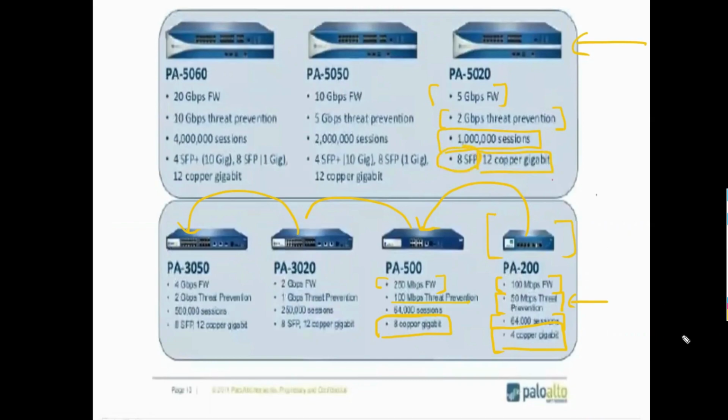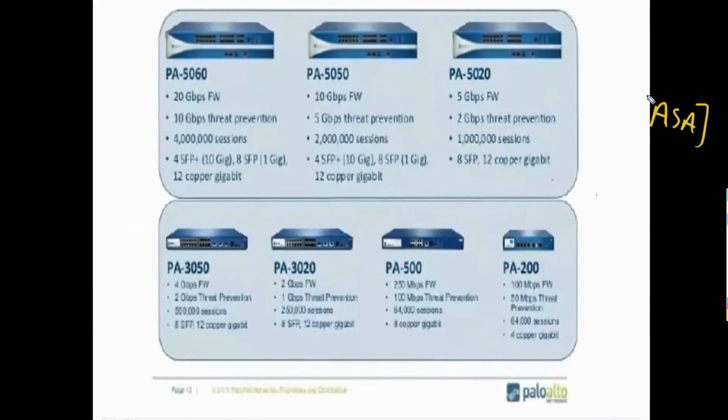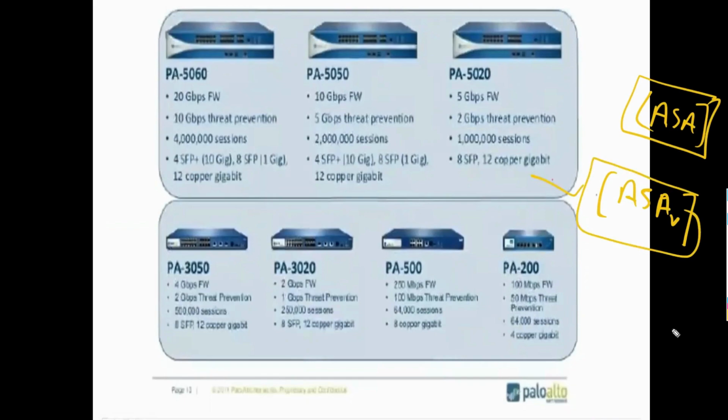So these are the physical hardware. Like other vendors, for example in Cisco, we have Cisco ASA and ASAv with a small v. In ASA, either you can go with the physical box or with the VM firewall box. It's a complete firewall, everyone.